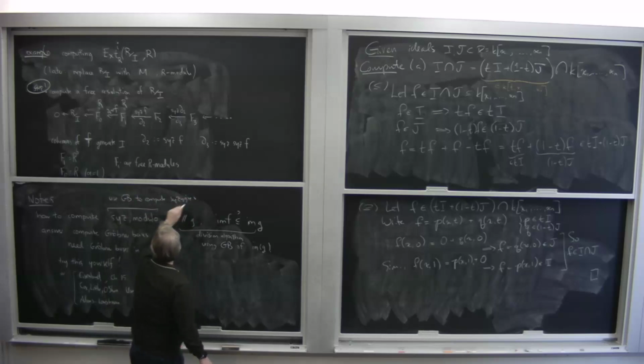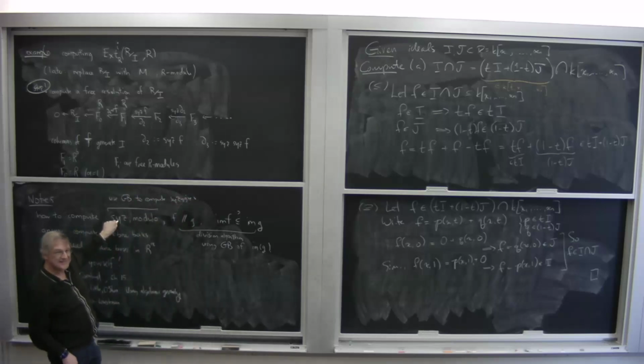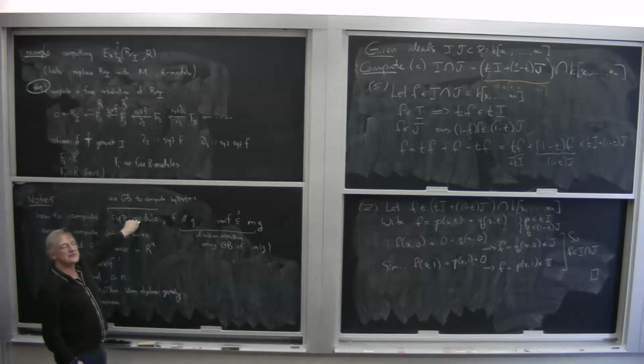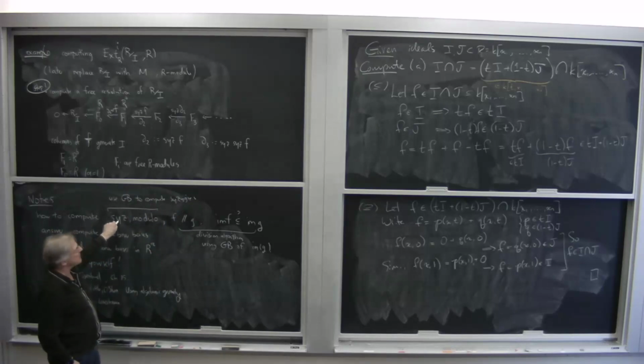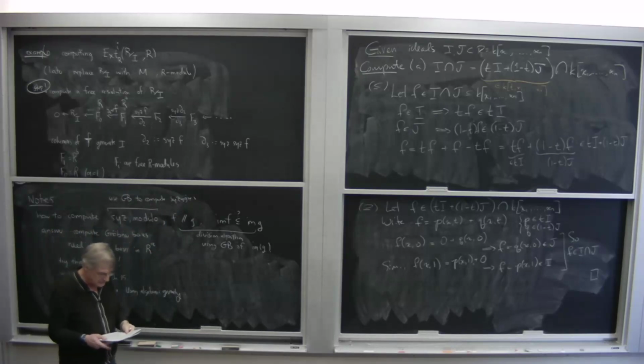You have to think a little bit about it. That's exactly what this one is, no change at all. For this one, you do a Gröbner basis of the whole thing, but you keep track of things. There are some tricks. You can just use syz and then grab the answer. That's one way to do it, but there are a couple of tricks to make it a little faster. So that's the first note.